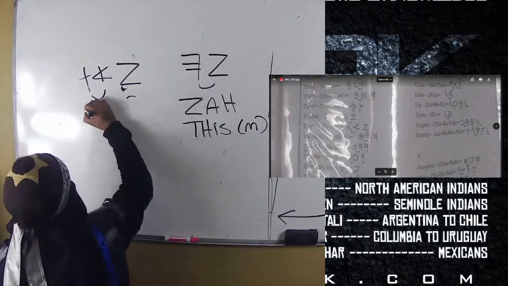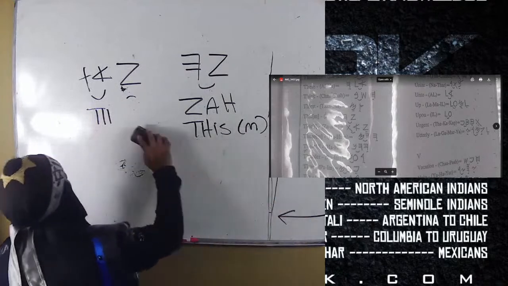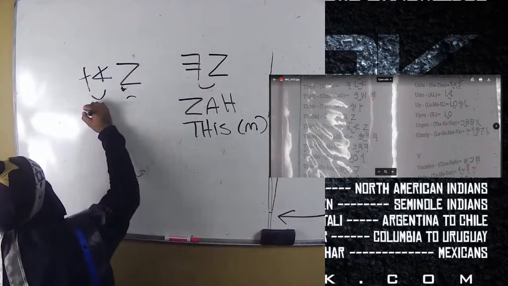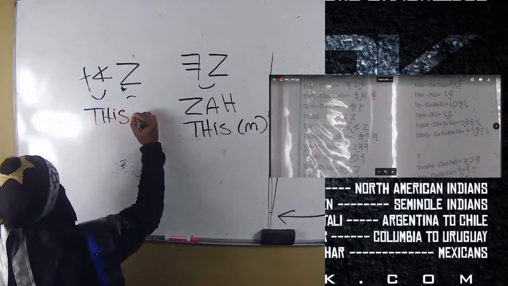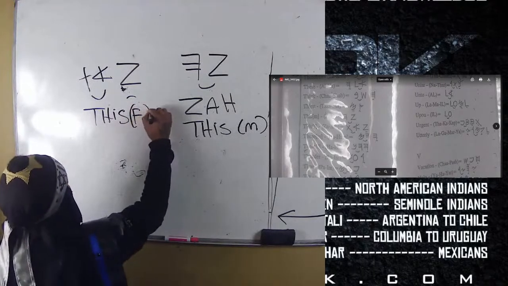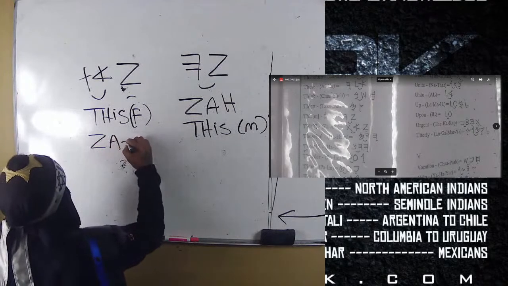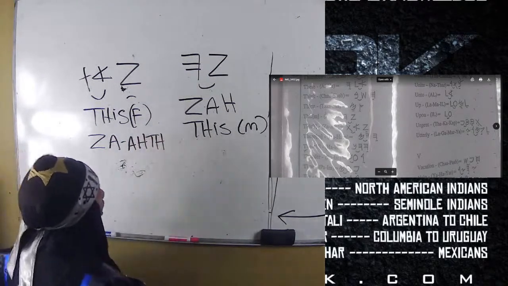Za'ah. And it's this. Oh, so I'll put how you pronounce it. It's this, but it's for females. All right? Za'ah. That's how you pronounce it.